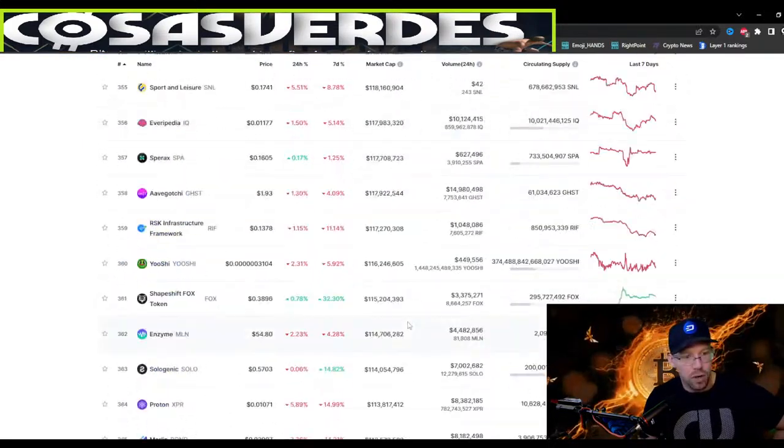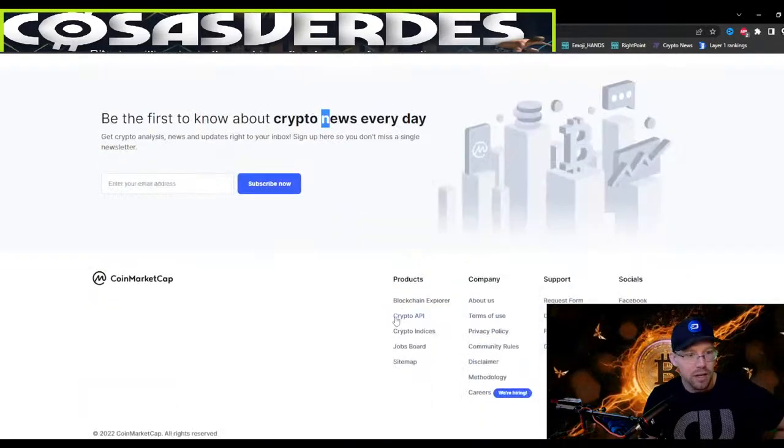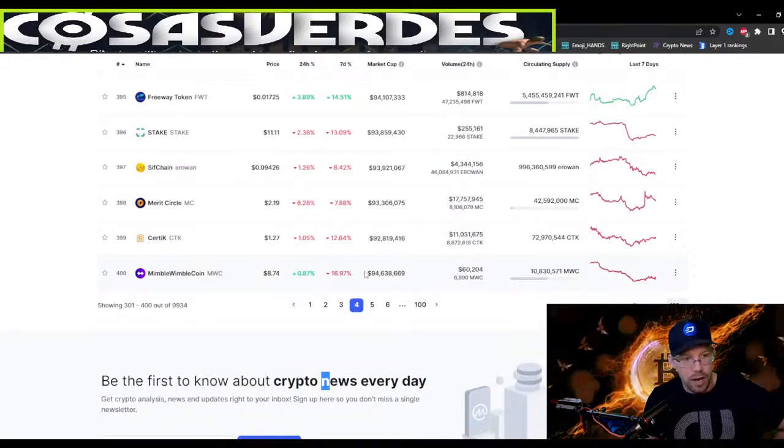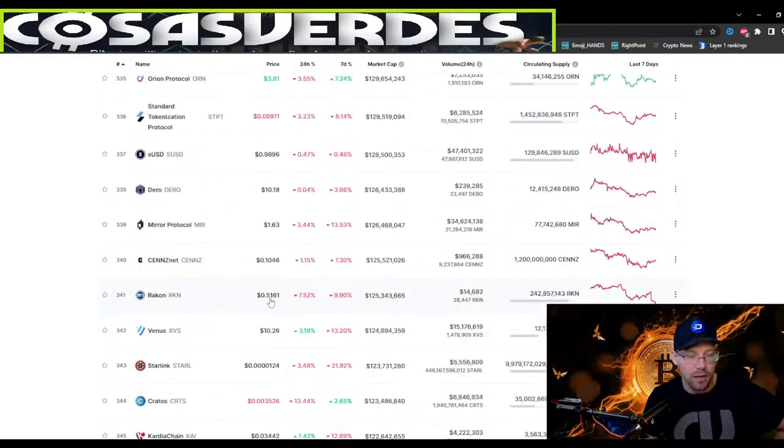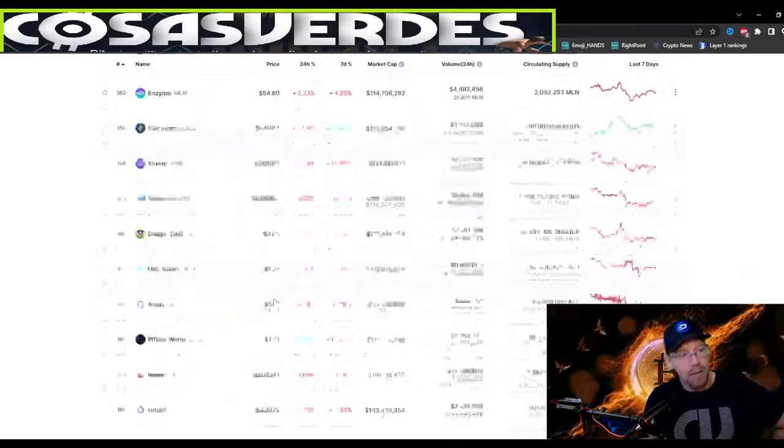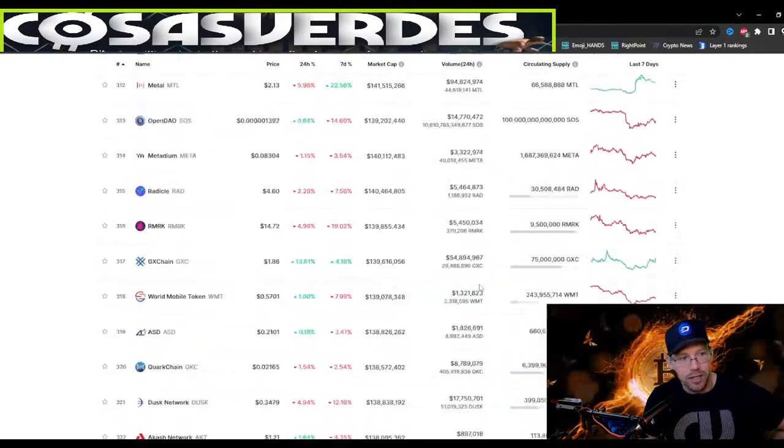Page 4 of CoinMarketCap would probably be around 6x. So can it get to page 4? Because these would all probably be around $500 million by that point, at 100K Bitcoin. Can it be within the top 400 cryptocurrencies?